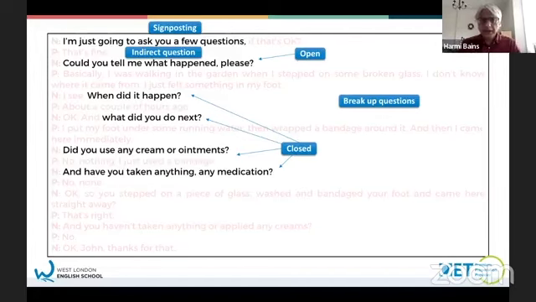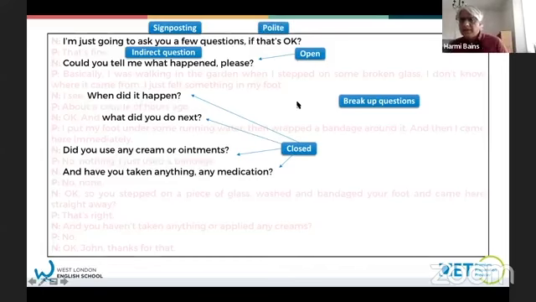And when you're speaking as well, the signpost will tell you which direction the conversation is going. So here it says, I'm just going to ask you a few questions. So the patient knows in advance, actually, I'm going to be asking them some questions. So signposting, it was a nice way to start the role play.